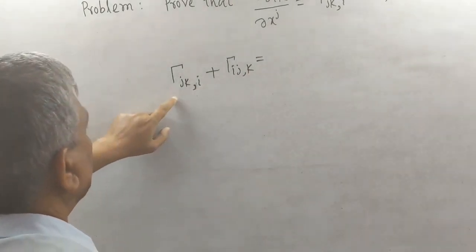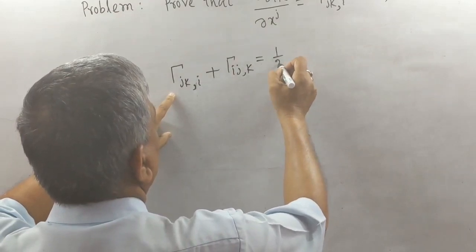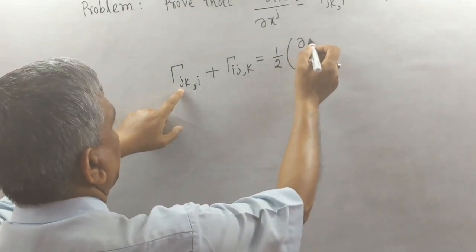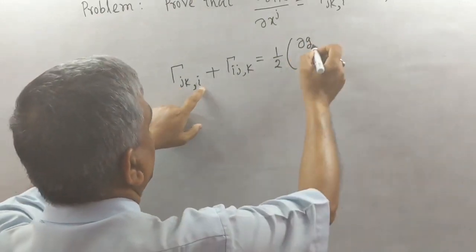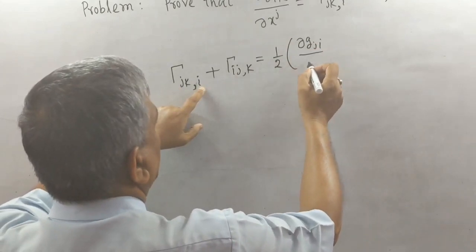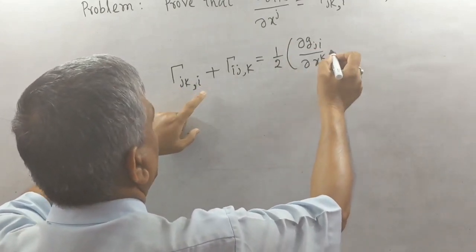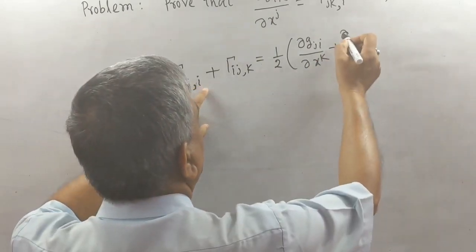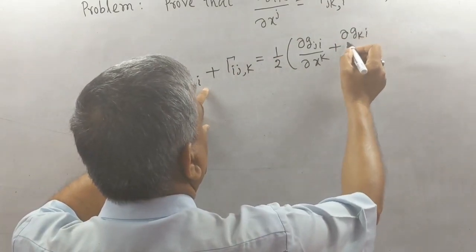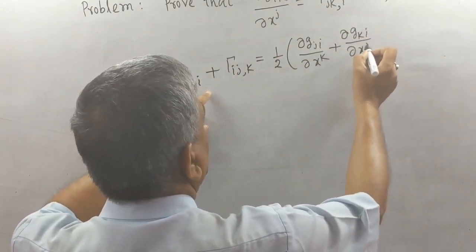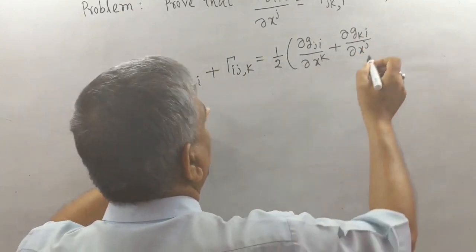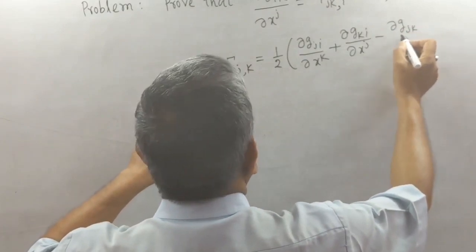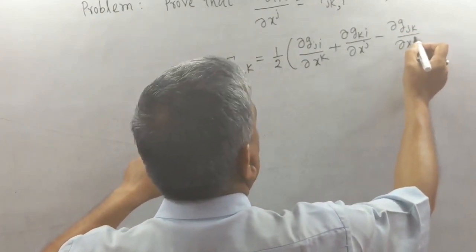This is equal to half, as we have learned, del g_ji by del x_k plus del g_ki by del x_j minus del g_jk by del x_i.